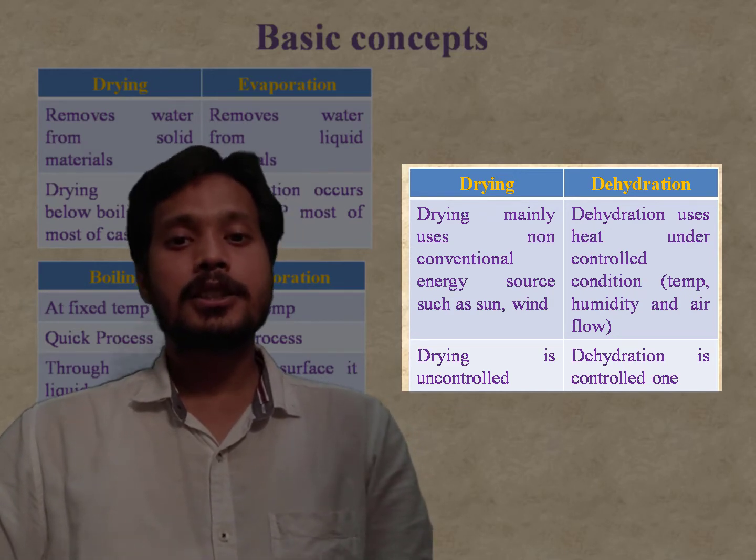So in this particular slide we learned about the difference between drying and evaporation, the difference between boiling and evaporation, and the difference between drying and dehydration. So you see, drying removes moisture mainly from solid products, and evaporation removes moisture from liquid products.